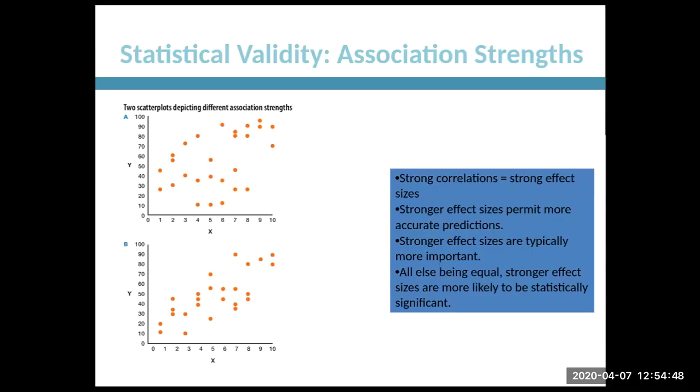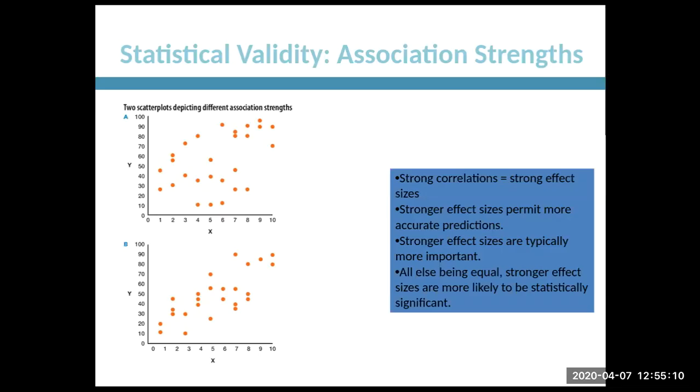big. So a stronger correlation is going to give you a stronger effect size, as you see in two scatter plots looking at the different association strengths. The lines or the plots on the bottom graph B seem to be close to a line of best fit and seem to be going up in a stronger, bigger slope.